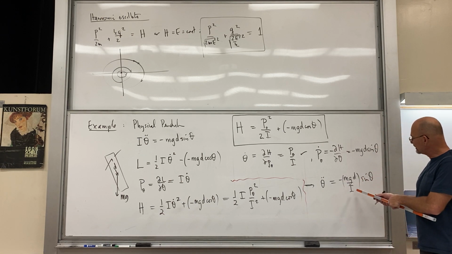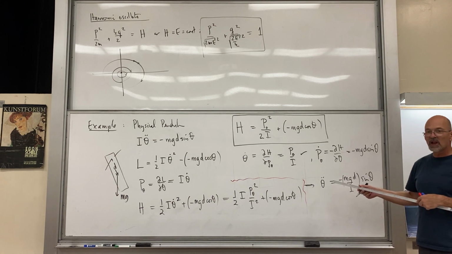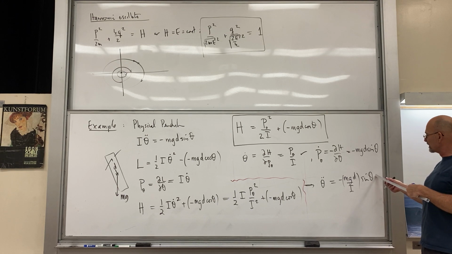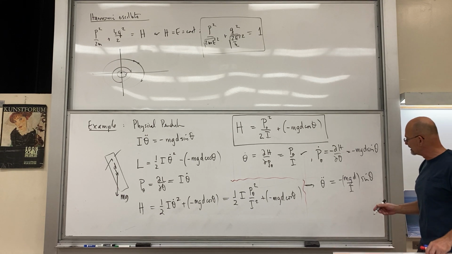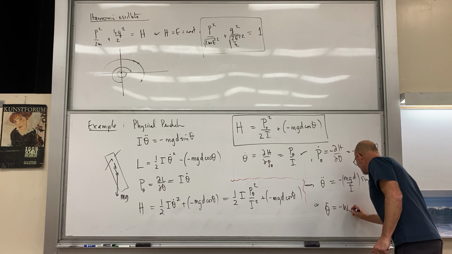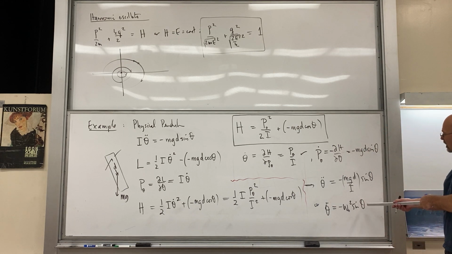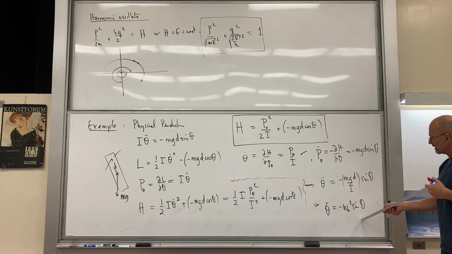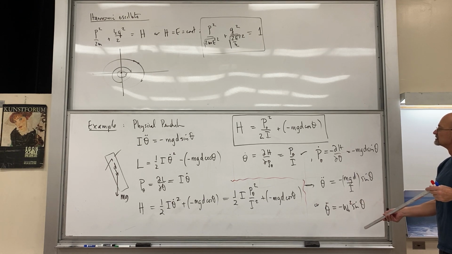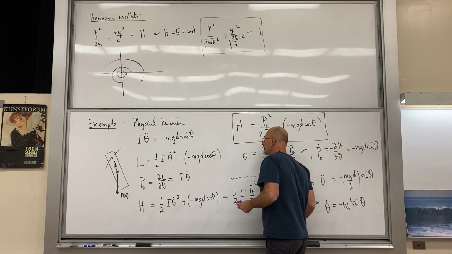And this here we can call omega naught squared. That would be the frequency of small oscillations when we do the linearization of the sine. So we'll have that just for completeness. Theta second derivative equals minus omega naught squared sine theta. Small angle approximation, then linear harmonic oscillator. Okay, no problem. Okay, good. So we have pretty much everything up here.